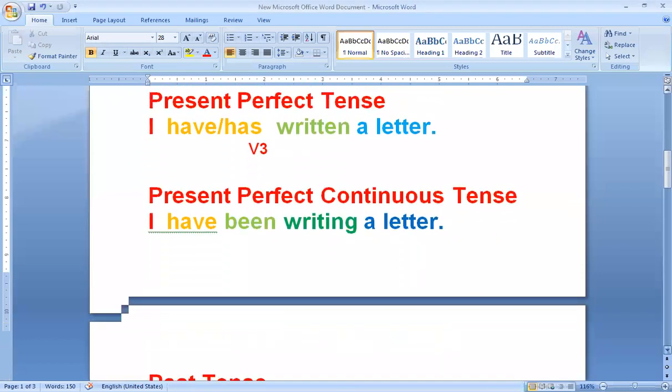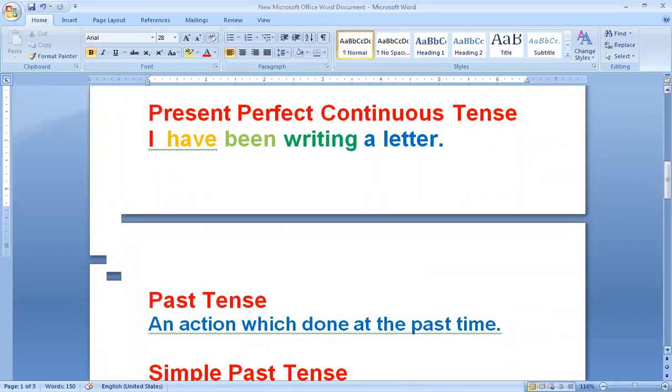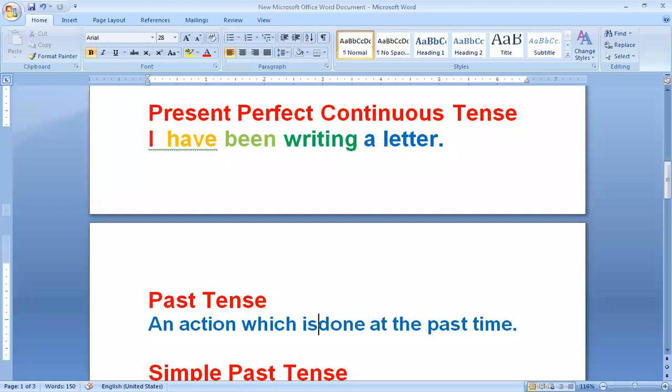Next, past tense. Past tense is an action which is done in the past time. To indicate the action which has happened in the past, we use past tense.